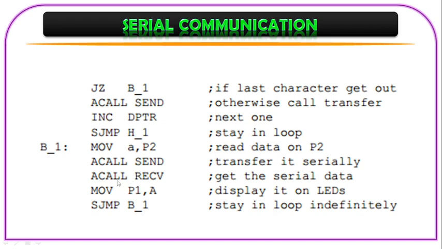Then you receive the serial data, and then again move it to port 1. So you get the data from the PC, read data from P2, which is the switches, and then send it to SBUF, and then get the serial data and display it on the LEDs. Again jump here, so you are doing it again and again.